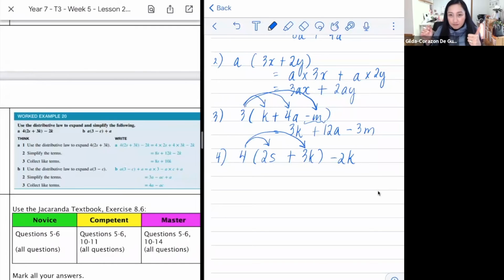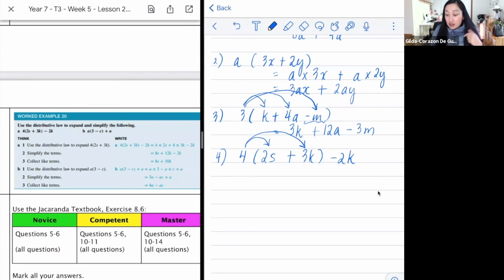Did you get that? So you only distribute that 4 to the ones that would be inside the brackets. Okay, so what do we do with that one outside the bracket? We just plug it in, and then if there are any like terms that we can combine, then you just add or subtract them.